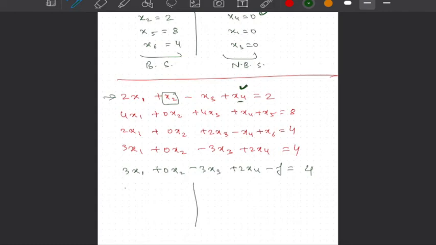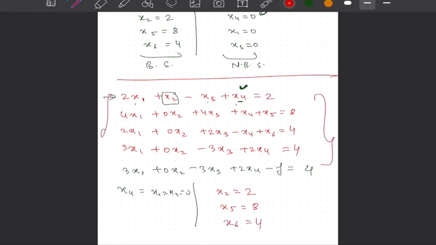The reason we do pivoting again is that solutions become much easier. Here x4 equal to x1 equal to x3 equal to 0, which implies our basic solution comes out to be x2 equal to 2, and again here we will see that x5 comes to be 8 because x1, x3 and x4 are all 0, and we already calculated that x2 has a coefficient of 0, so that term also reduces to 0. x5 comes to 8 and x6 comes to be 4.